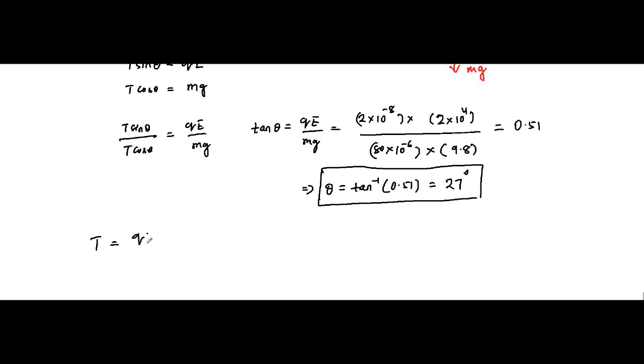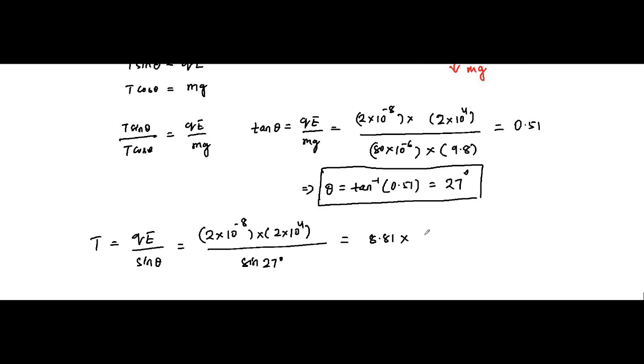So T is equal to QE by sin theta, that is 2 into 10 to the power minus 8 into 2 into 10 to the power 4 by sin 27 degrees, which is equal to 8.81 into 10 to the power minus 4 Newton. That is the tension force acting along the thread carrying the pendulum bob.